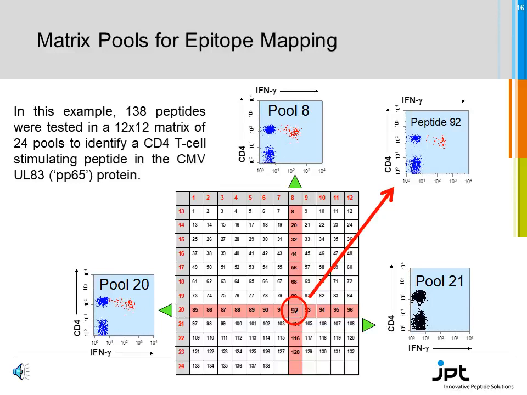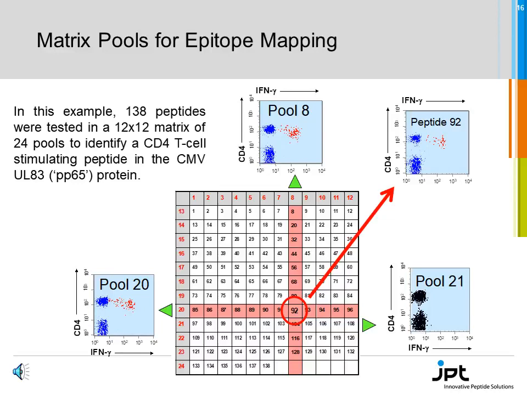If more than one pool across and one pool down give a positive response, there will be more than one candidate stimulating peptide, and as a result, several will have to be tested for confirmation. In our hands, PBMCs were used successfully for up to 72 hours after preparation if kept in complete media in the incubator.